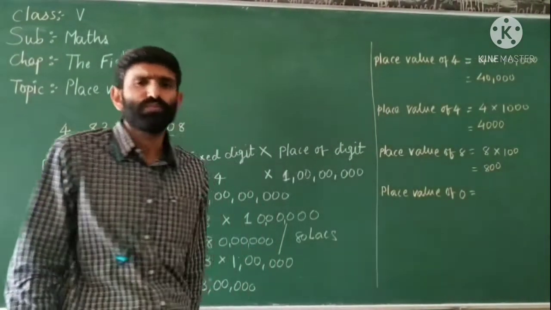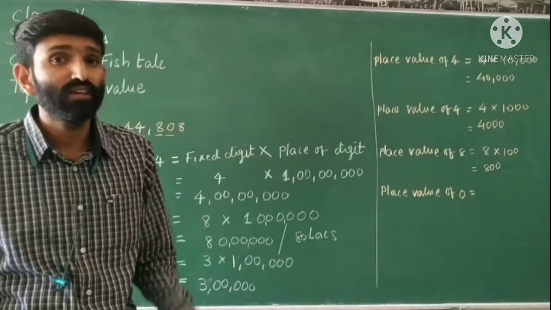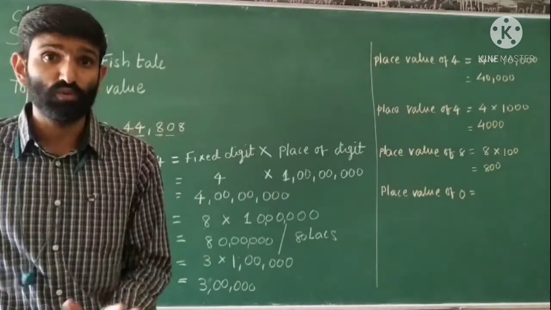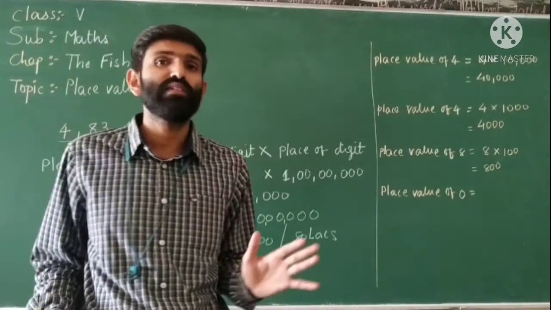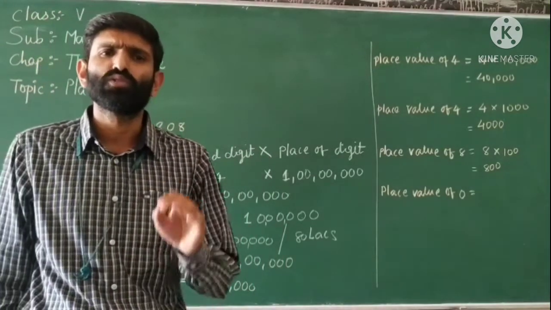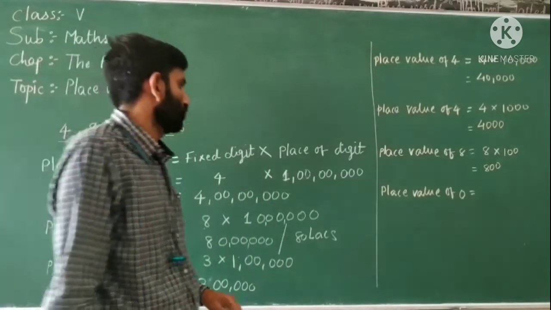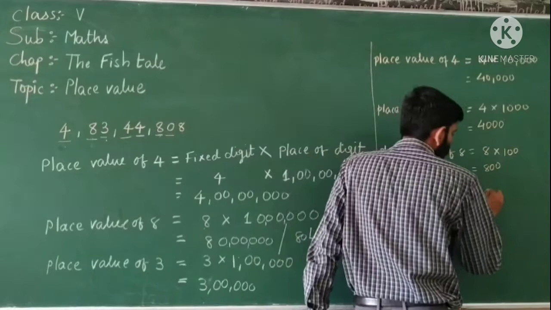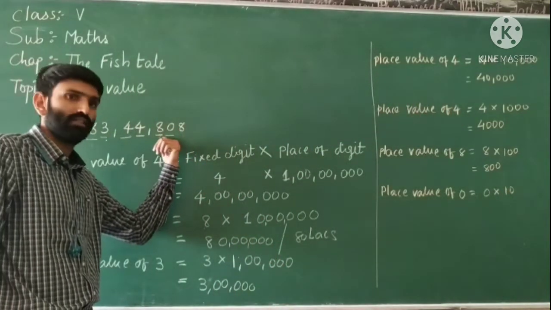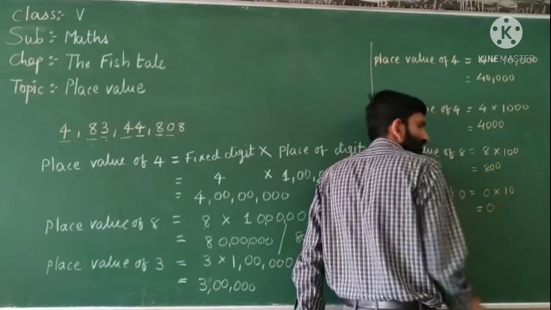See, here we must, in our last class also, in 4th class also many times we have discussed, if we multiply any number with 0, the answer will remain 0. ओके, इसमें कभी कोई गलती नहीं होगी. 0 के साथ कोई भी नंबर मल्टीप्लाई होगा, उसका आंसर सिंपल है, वो सिर्फ और सिर्फ 0 ही होगा. ठीक है, चलो. Now if we multiply 0 into, it is on tens place. How is it tens? Ones and tens. Okay, so here it will become 0.